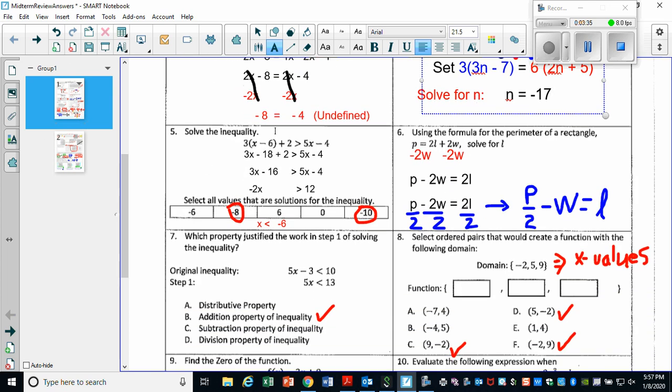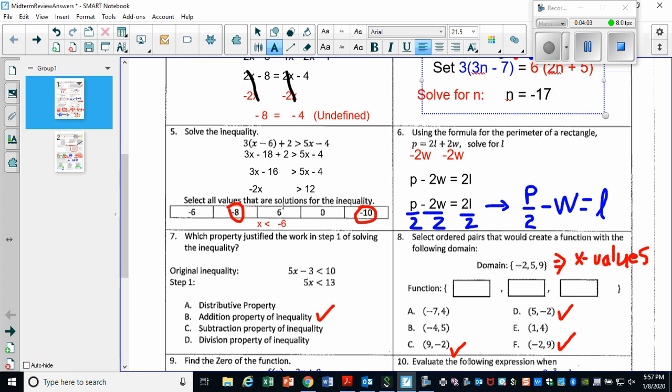Number 5, be careful. Again, take care of your distribution first. Combine like terms to simplify the expression on each side. Here, I subtracted 5x on both sides, and I also added 16 to both sides. So in the end, you should have -2x greater than 12, but when you do your division, the result is x is less than -6.